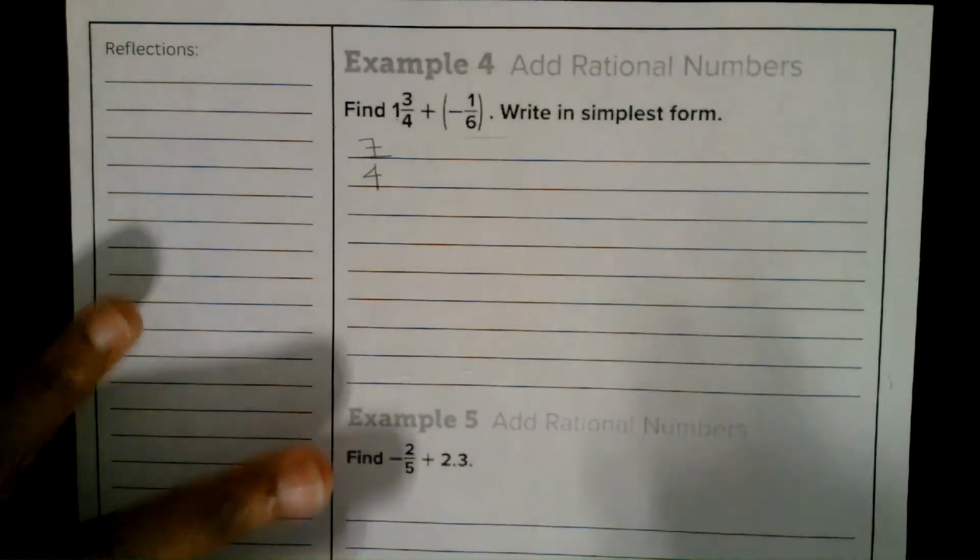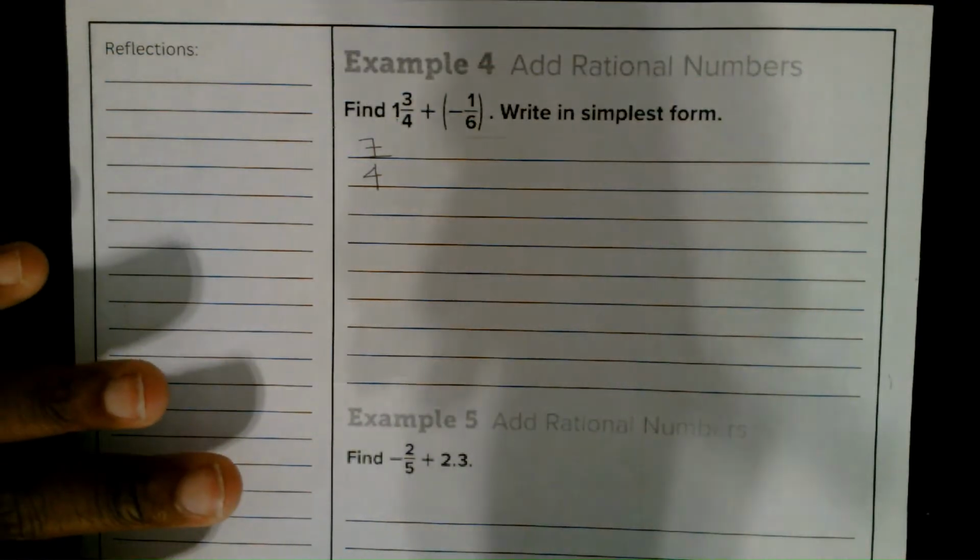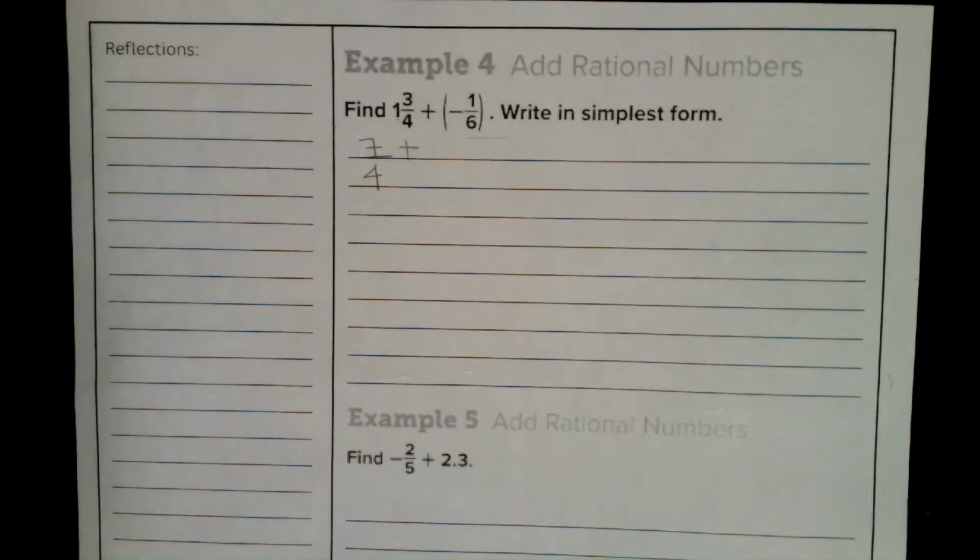So 4 times 1 is equal to 4, plus 3 is 7. So this is going to be 7, and we're going to keep our denominator of 4. So 1 3/4 as a mixed number is equivalent to writing 7/4. Plus, we don't need to convert negative 1/6. So we have plus negative 1/6.